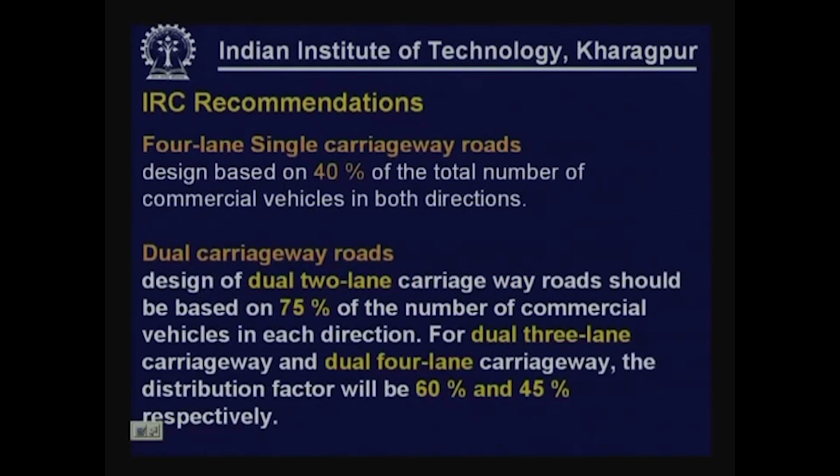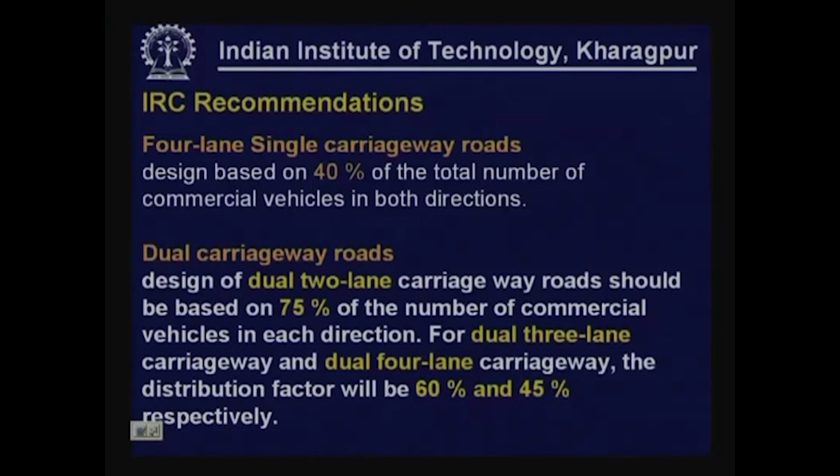For 4-lane single carriageway roads, the design has to be based on 40% of the total number of commercial vehicles in both the directions. A 4-lane single carriageway road means you have 4 lanes, but these are not divided, there is no median between them. So there is a possibility of overlap of vehicles.